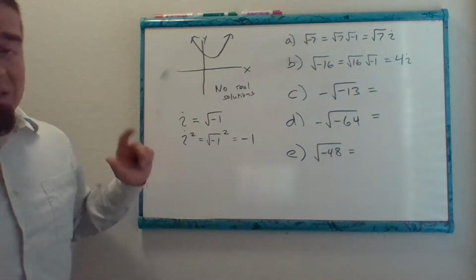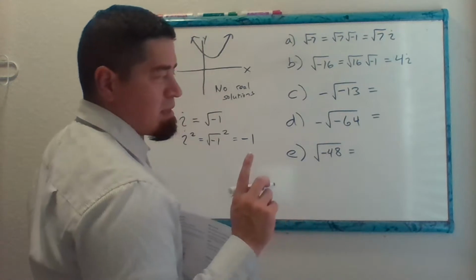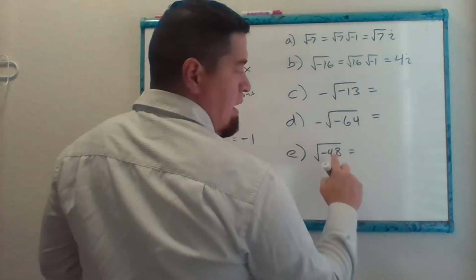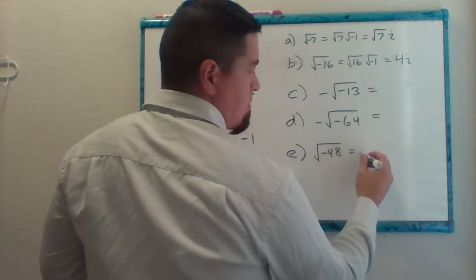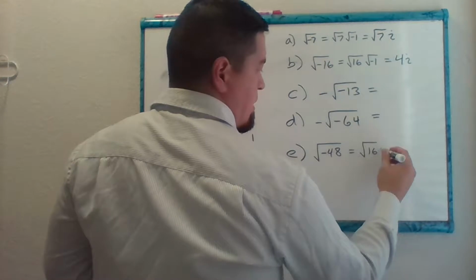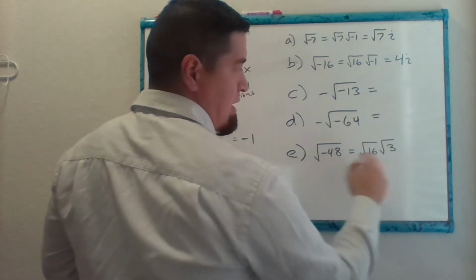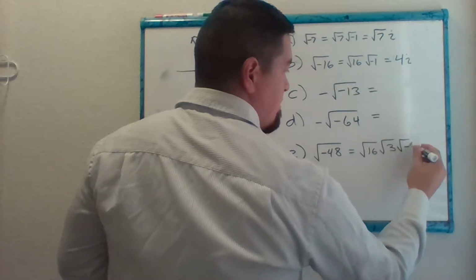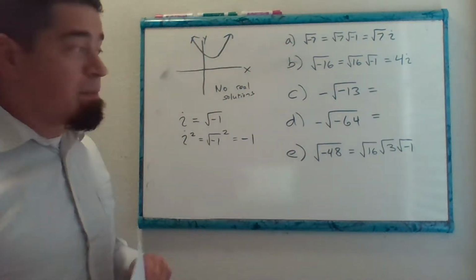So at e, I still want to factor out. I know there's a 16 in here. You might think, why is it 16 this time? What I'll tell you is square root of 16 times square root of 3, that's 48, times the square root of -1. If I multiply all these together, I get the square root of -48.